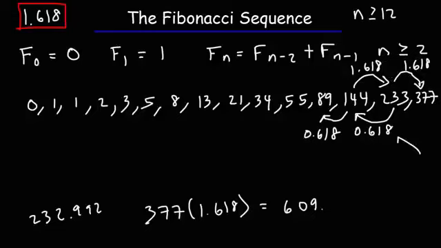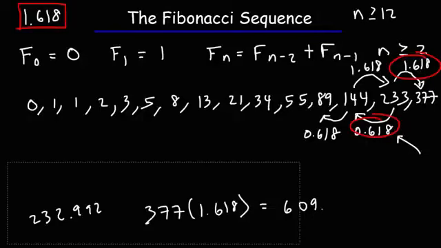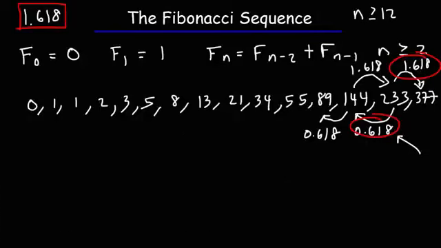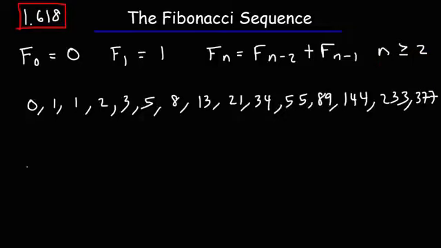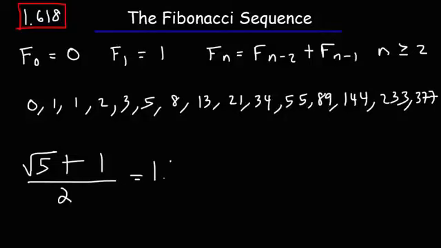Now, where do we get these numbers, 0.618 and 1.618? Where do they come from? Here are the exact values of those two numbers. If you type in the square root of 5, add 1 to it, and then divide by 2, you're going to get the first number, the larger one, which is 1.618033989.